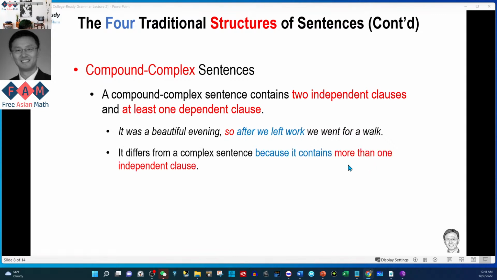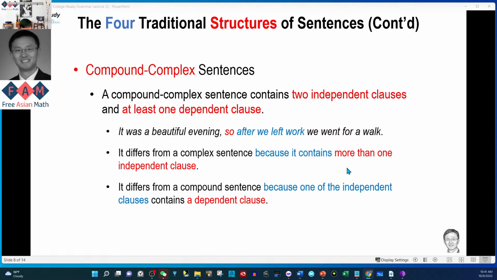Okay, so this is a summarization of what we just talked about. A compound complex sentence differs from a complex sentence because it contains more than one independent clause. That's a feature of a compound sentence. At the same time, it differs from a compound sentence because one of the independent clauses contains a dependent clause. It could be the case that both contain a dependent clause, but then the sentence usually looks too complicated.